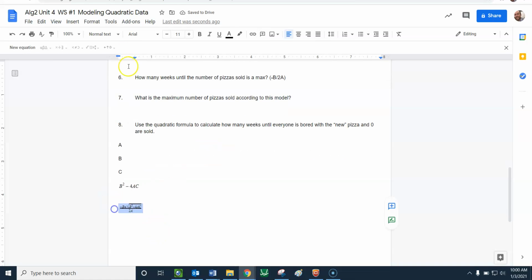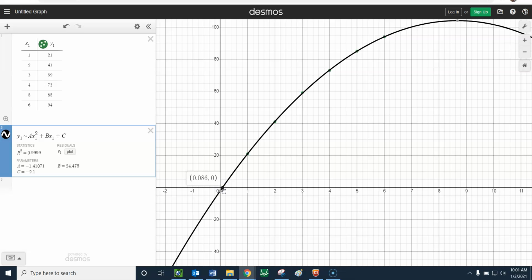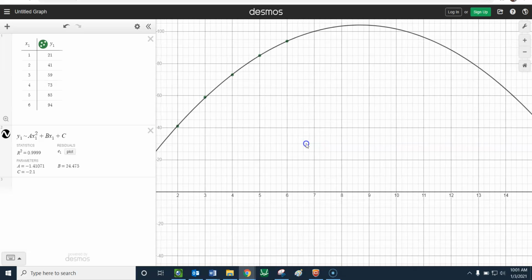You'll get one that's a positive number. You'll get one that's maybe a negative number, but we want to know how many weeks until there's 0 left. So we want the positive one. We don't want this. This really tiny one, we're throwing it out. This is like before week 1 is even sold. We just rule them out. We want the one that's down here. We want to figure that out.